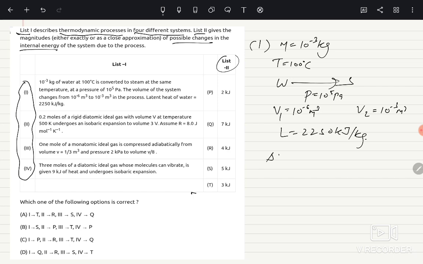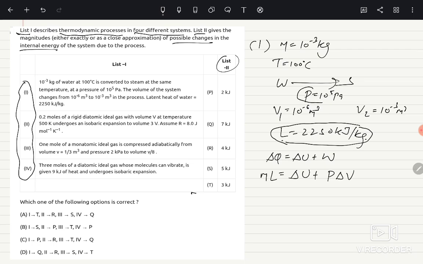From the first law of thermodynamics, delta Q is equal to delta U plus work done. Delta Q here is the heat needed to vaporize the water into steam. The latent heat is L, and the mass is m, so the heat given must be mL. We have to calculate delta U, and the work done will be P delta V since this water to steam transition happens at constant pressure.